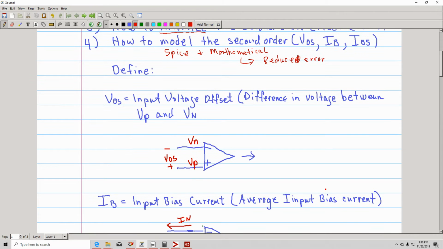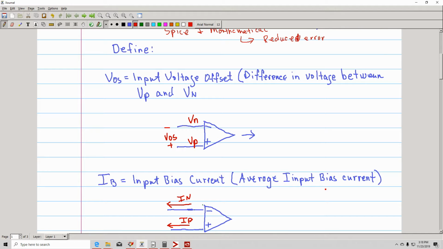So I'm going to go ahead and define what VOS is. VOS is the input offset voltage. VOS is equal to VP minus VN. So whatever voltage you measure here, let's say it's 10 millivolts, and then let's say this is 5 millivolts right there.